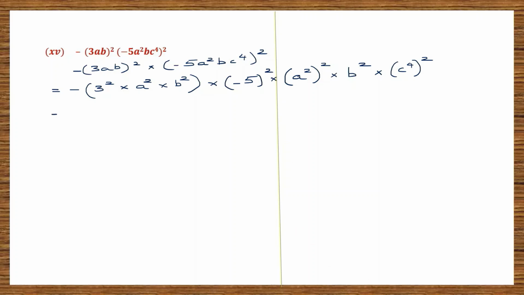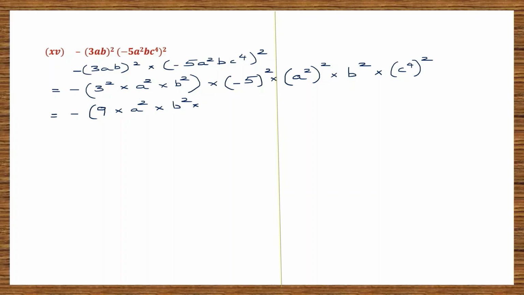So here minus will remain the same. Now we'll write 3 square is 3 into 3, 3 3s are 9. Numbers we are going to multiply because we don't have similar numbers to have the same base. So 3 square into a square into b square. Now into, now minus 5 is the number, so we can multiply it. Minus 5 raised to the power of 2 means minus 5 into minus 5.